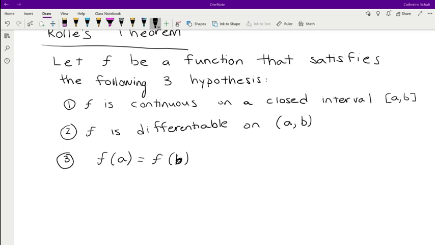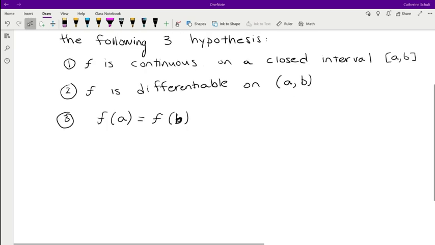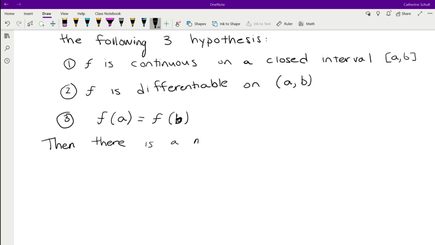So if we can show these three things of our function, that it's continuous, differentiable, and the endpoints are equal, then there is a number, we'll call it c, in the interval (a, b), such that f prime of c is equal to 0.